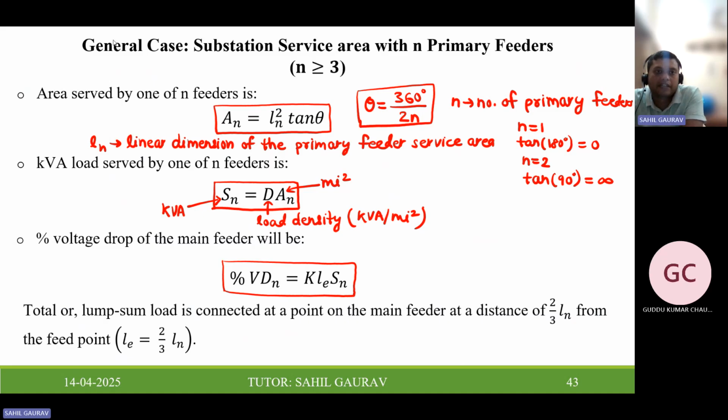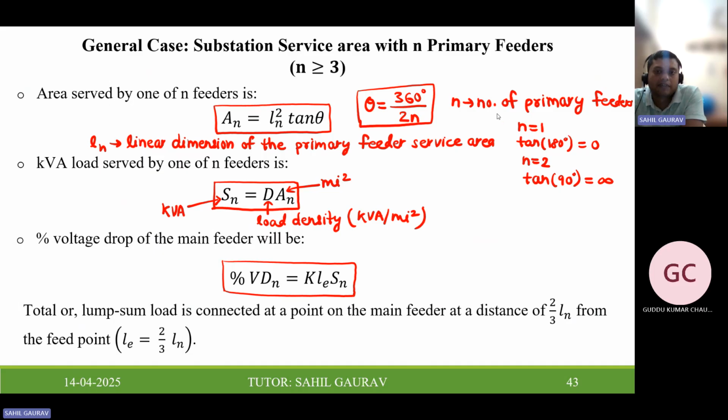Now we will define the general case when we have n number of primary feeders. When we have n number of primary feeders or more, we can define the area served by one of the n feeders as ln square tan theta, where theta is 360 degree upon 2n.